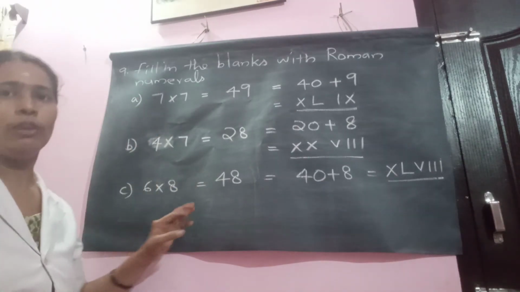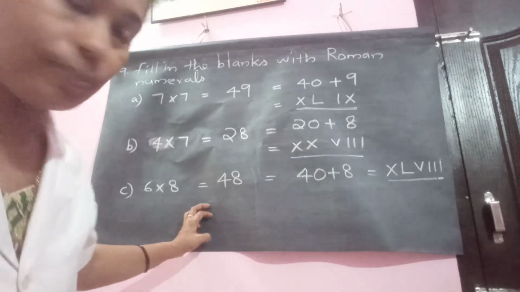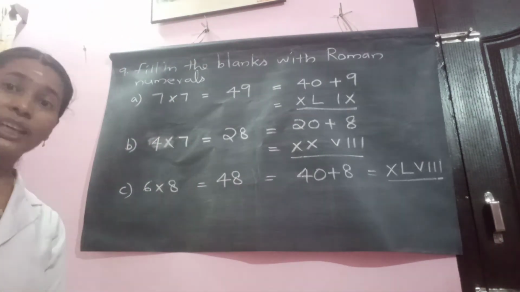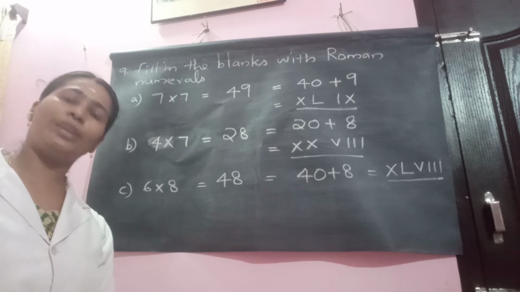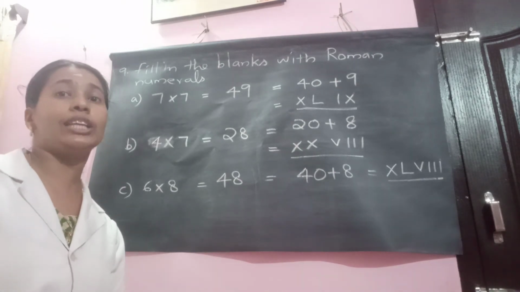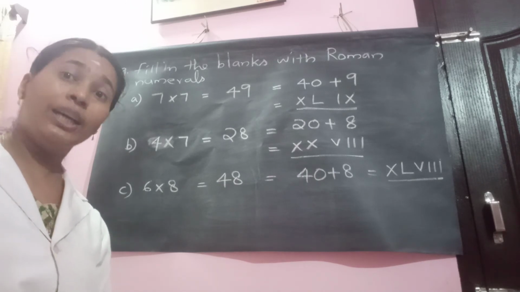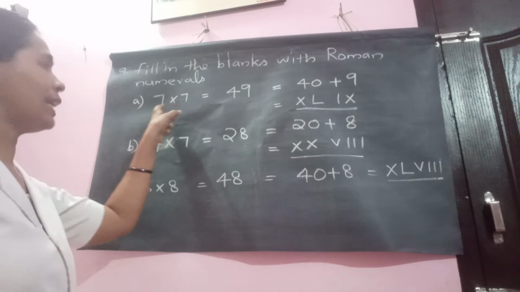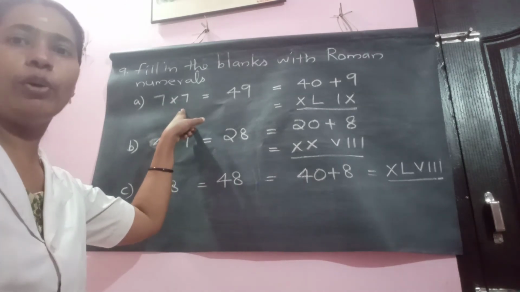9th question. Fill in the blanks. 7 into 7 is given. See, the product is not given. What they asked you is to remember the multiplication table. So what is 7 into 7? 49.